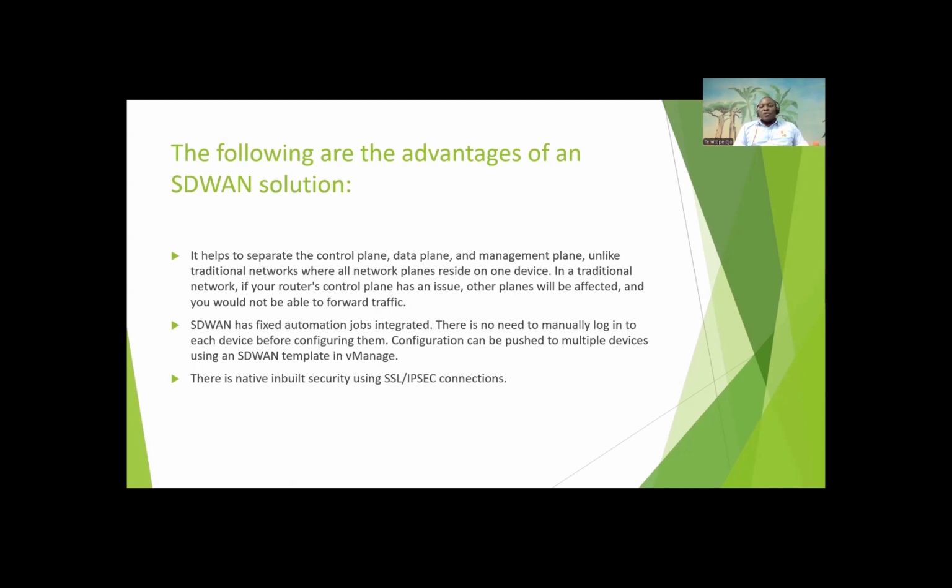So in most cases, we even lose management. We are not able to log into the device again because of an issue in one of the planes. But SD-WAN is a solution that helps to resolve this. It makes things easier and it makes troubleshooting very easy.